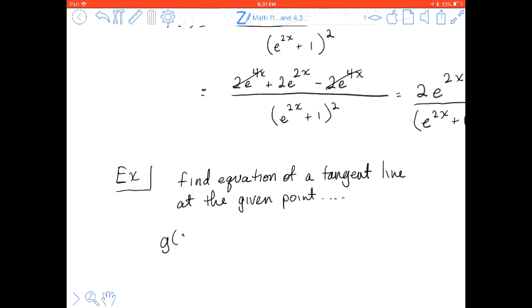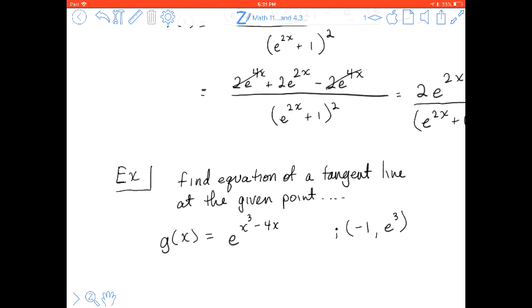So if we had a function, and then the point given was -1 and then e cubed.